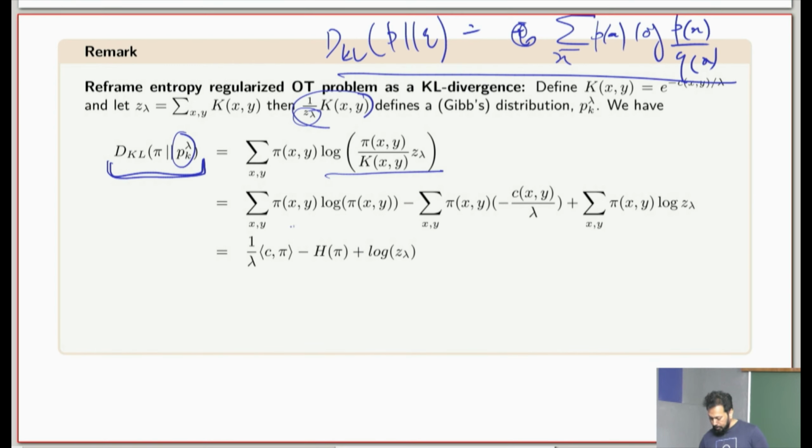We have pi_xy as it is, and log of pi_xy divided by k_xy. That log splits, so the numerator log is here, and in place of k I also put the exponential term, which is why you see this term showing up. The log and exponential got cancelled, and that is why you see only this term now.